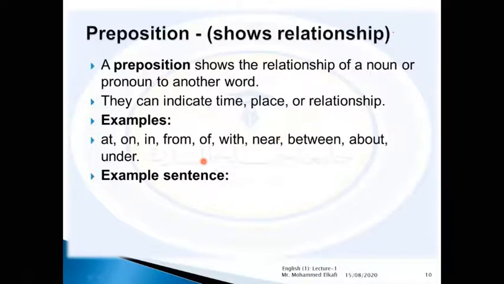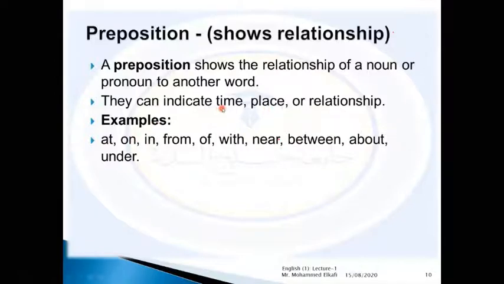The first one is at, used for time or place. At for time: at 9 o'clock, at 10 o'clock. At can also be used for place: at the office, or at an office. On can also be used for time and for place.